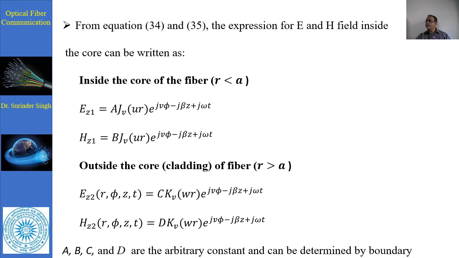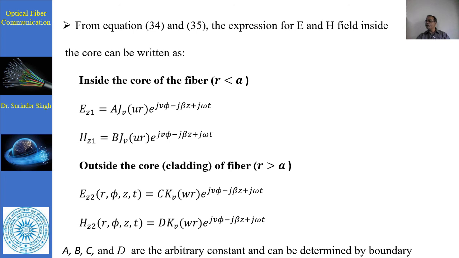And the cutoff condition is the point at which a mode is no longer bound in the core of the fiber; it propagates in the cladding of the fiber. The second condition is on beta. Beta can be deduced from the behavior of the Bessel function.